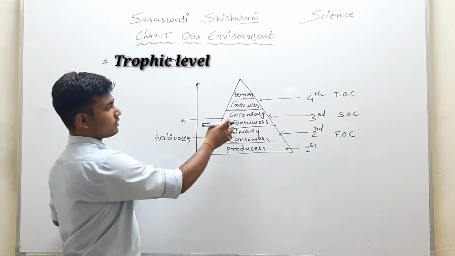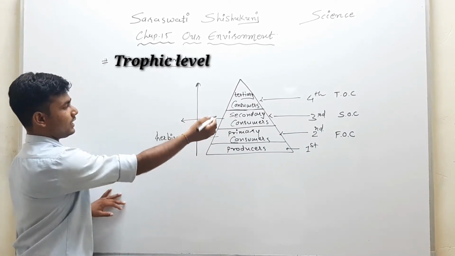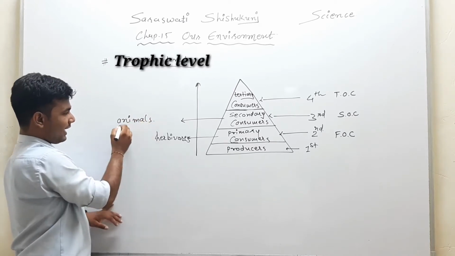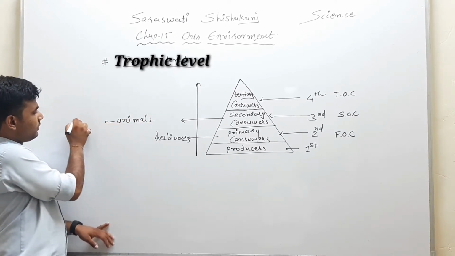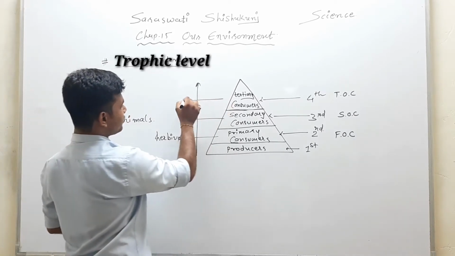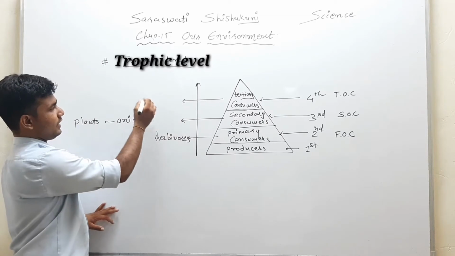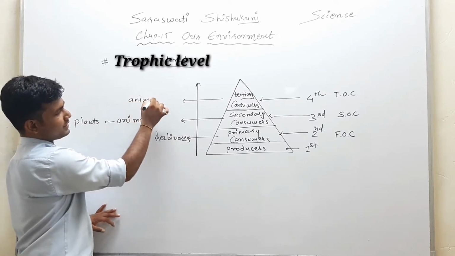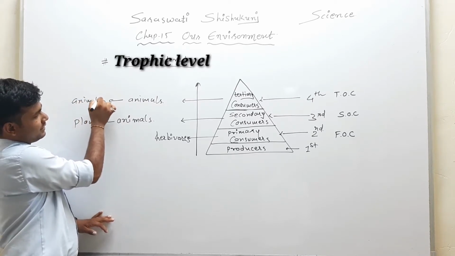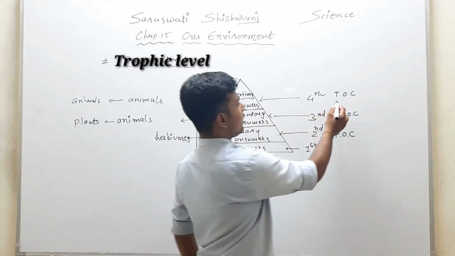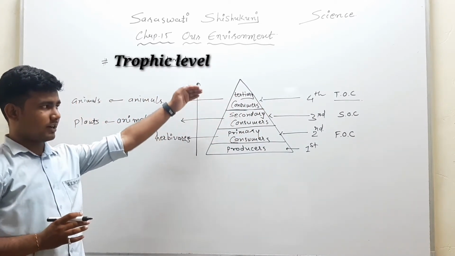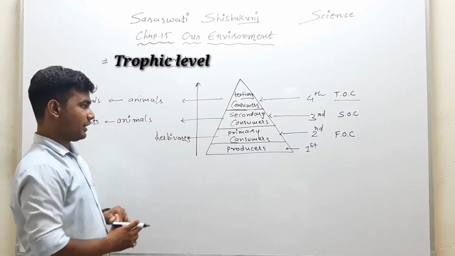The secondary consumers depend on animals, but those animals depend on plants. In the tertiary consumers category there will also be carnivorous animals, which depend on other animals. That's why they are known as third order consumers. So we are all clear about first order, second order and third order consumers, right?